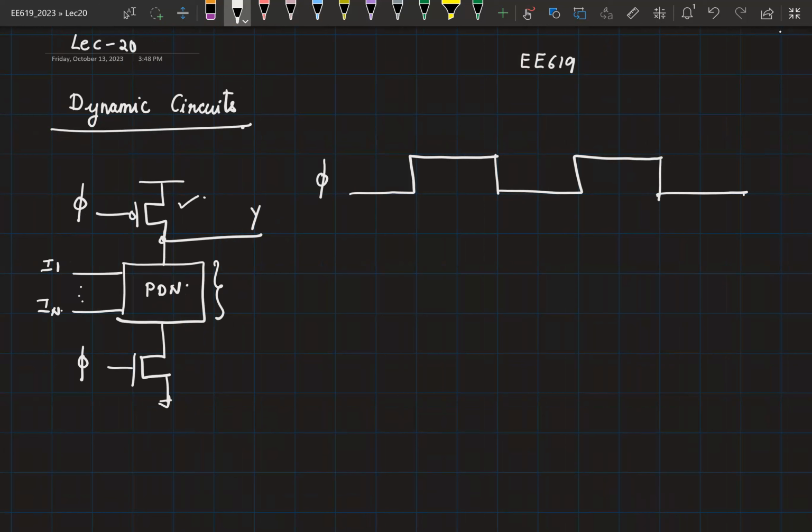So during the 0 phases of the clock, we are in pre-charge phase. And whenever the clock is 1, then your pull-up network is off. This network will now evaluate the logic that is being implemented within this PDN. And based on it, this will either let the output capacitor float or it will conditionally discharge the output.